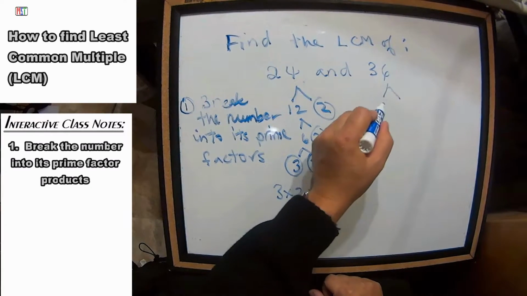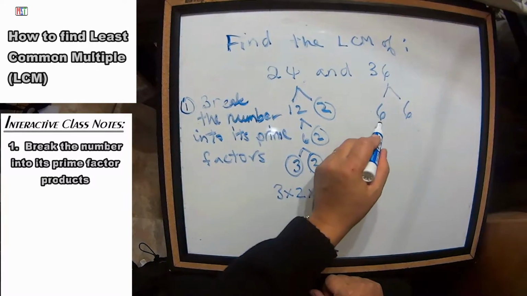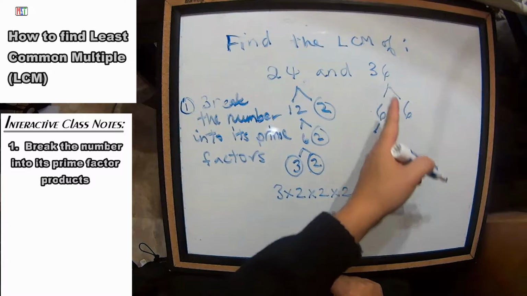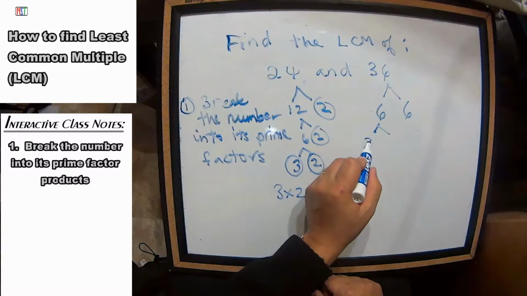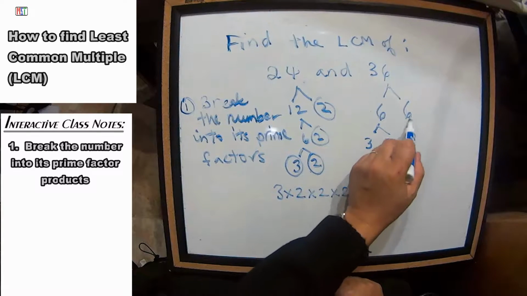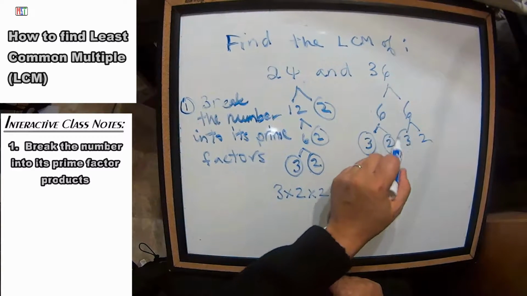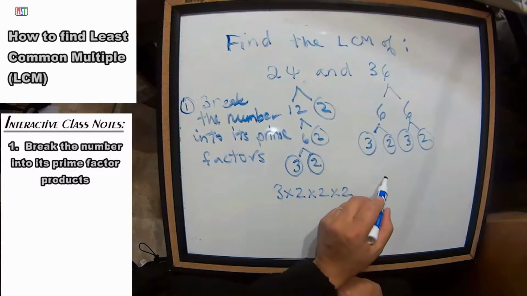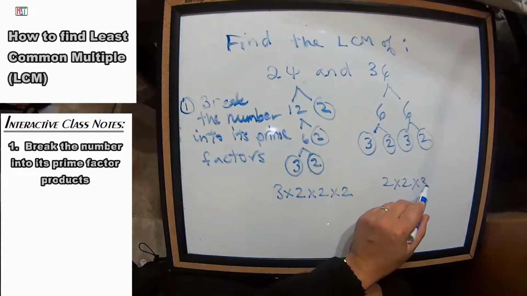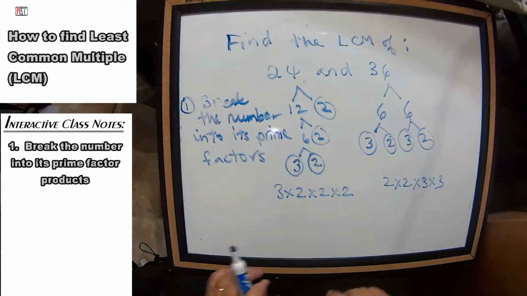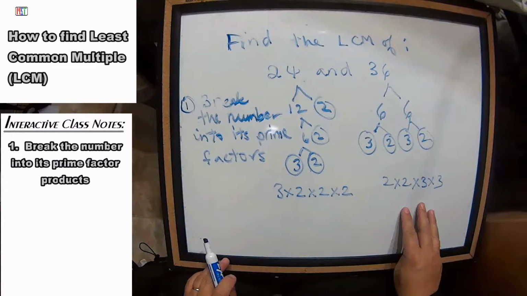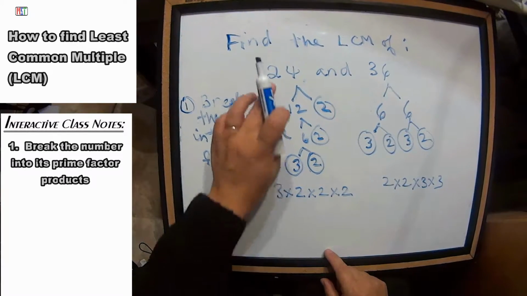And let's do 36. 6 times 6 gives us 36, and break 6 down to its prime factors. Okay, so we have 3, 3, 2, 2, so 2 times 2 times 3 times 3. There we go. We have the prime factors for 36 and the prime factors for 24.